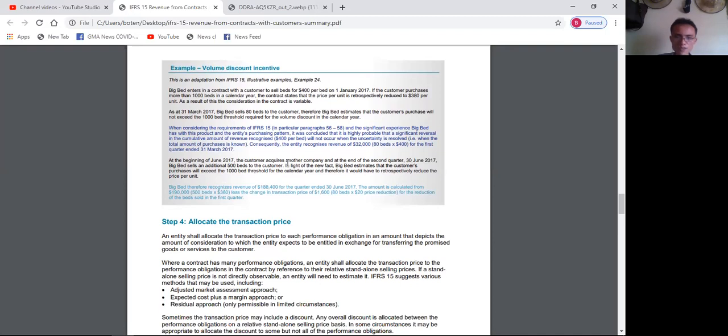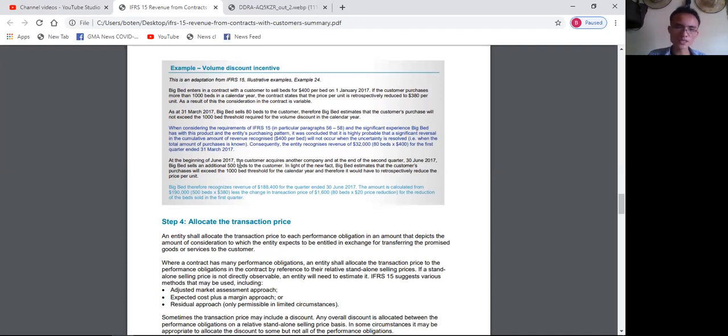Next. At the beginning of June 2017, the customer acquires another company, and at the end of the second quarter, 30th of June 2017, Big Bed sells an additional 500 beds. Take note, this is not from January 1. This is additional. So 80 times 2 is, how much is that?